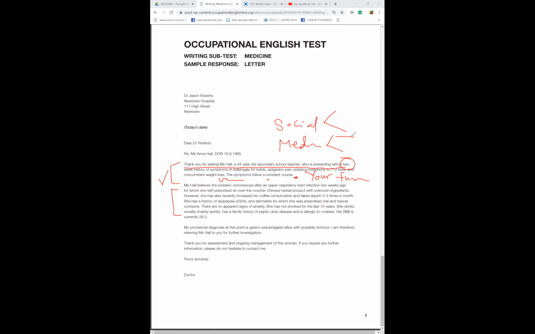So drugs, how will you write the drugs? If aspirin is sold in the market, the trade name will always be written in capital letters, like Metformin, whatever. But acetylsalicylic acid will be written in small letters.